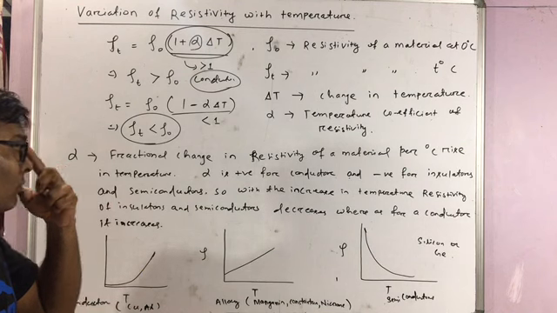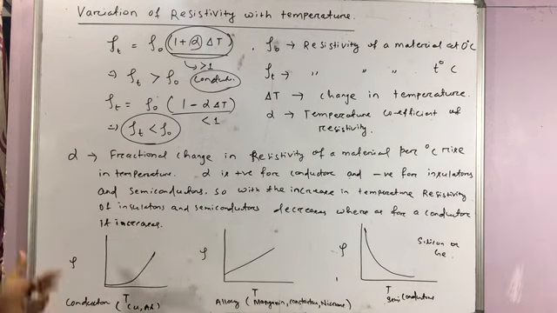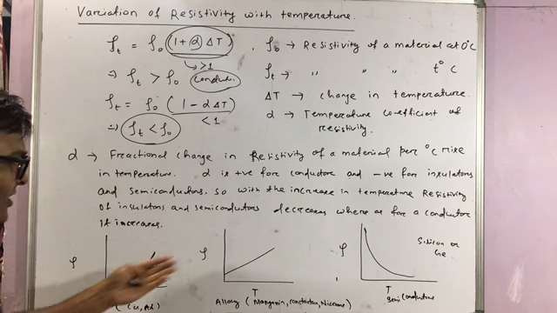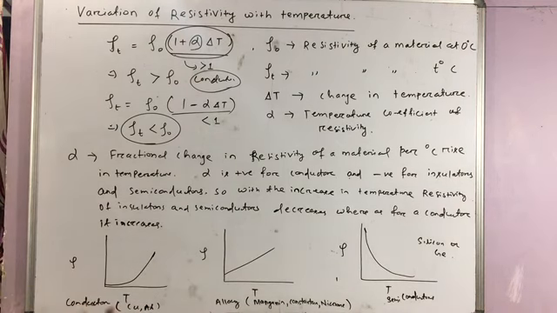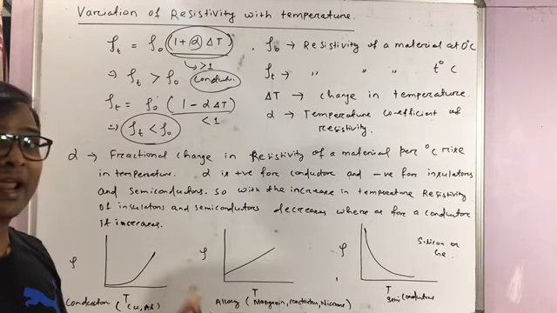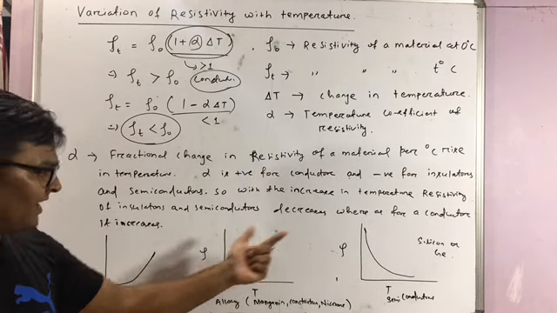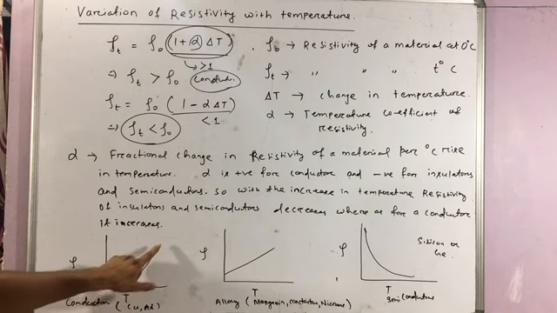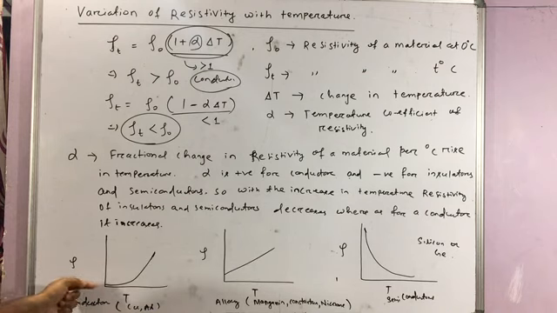If you plot a graph of the variation of resistivity with temperature for these classes of materials, conductors, insulators or semiconductors, and alloys, you will find different variations. For a typical conductor, like copper or aluminium, the resistivity increases with temperature, but the graph is not linear; the resistivity changes non-linearly.